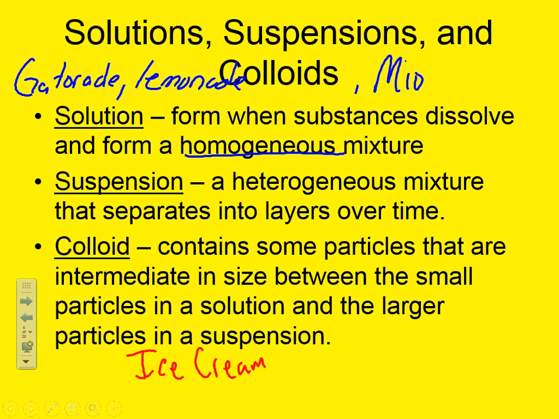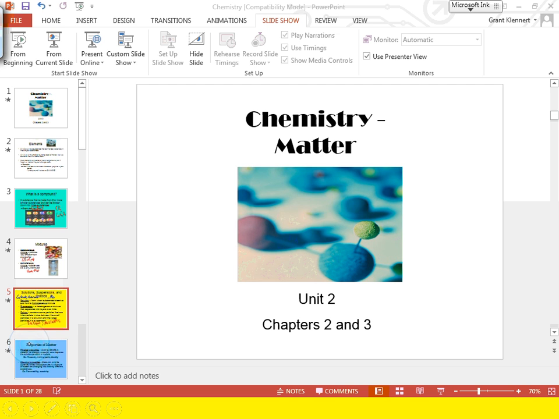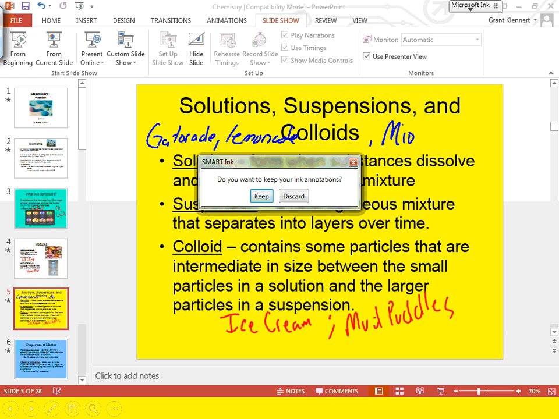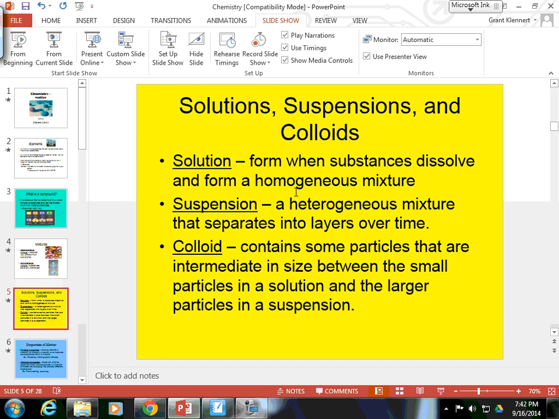It's not much of a suspension, but it's going to stay muddy. You can consider that a colloid. So ice cream and mud puddles. So we have solutions, suspensions, and colloids, and we will work with that when we move on in the chapter.